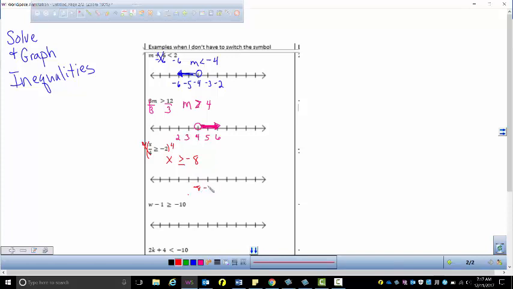So on this side I would have negative 7 and negative 6. And on this side I would have negative 9 and negative 10. So I go to negative 8. I draw my circle. I'm going to fill it in because it has an equal. And it's greater or more, so it goes to the right. I draw my arrow.